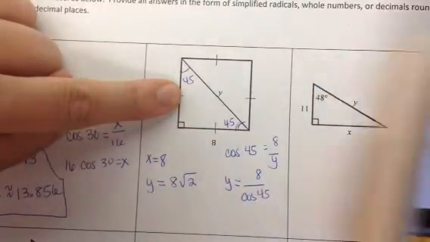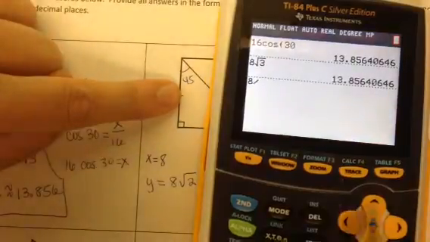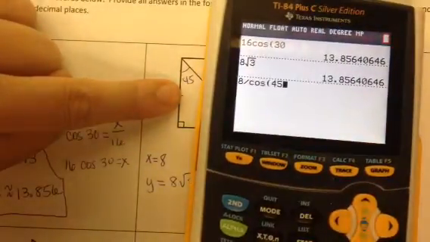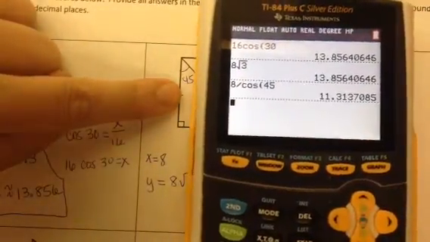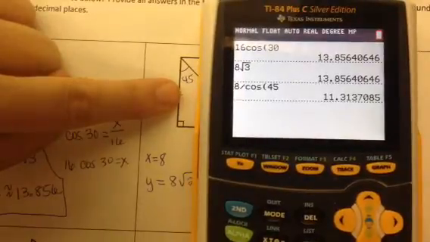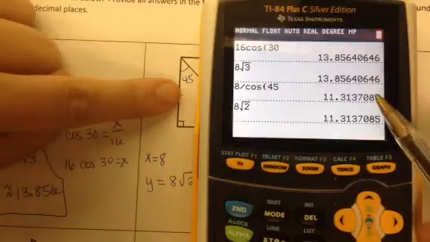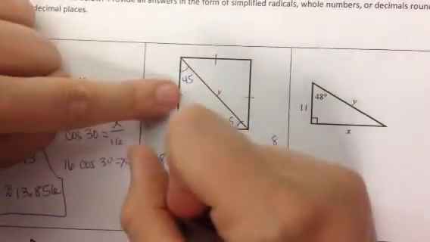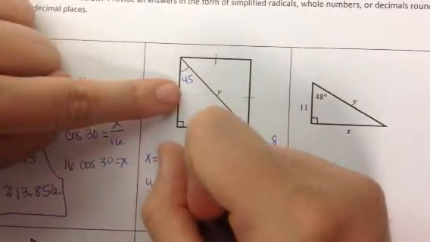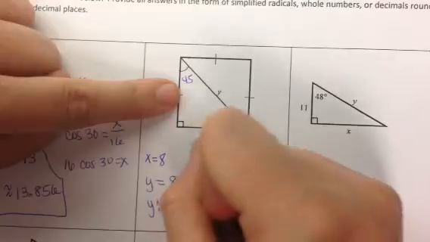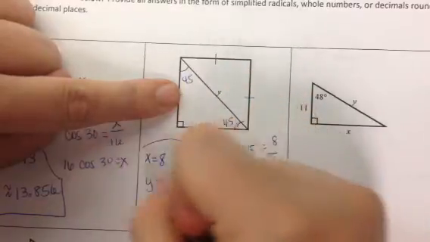And then in your calculator, 8 divided by the cosine of 45 is 11.314 approximately, and 8 times the square root of 2 is the same exact number. So you can see that you'll get the same if you use trig or special right triangles. I would take either the radical or the decimal. Just make sure you round it to 3 decimal places.